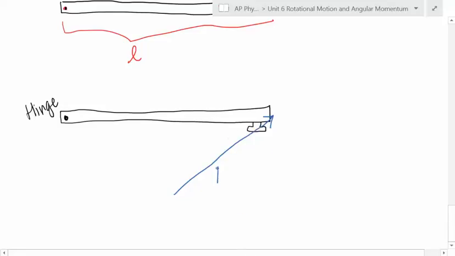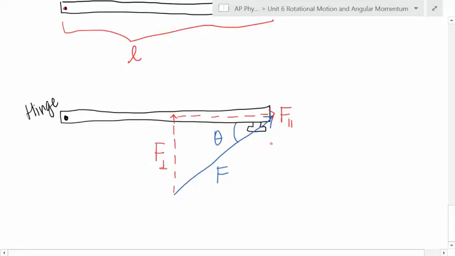So here's my force, but it's at some angle theta. Now, that means that part of this force is pushing straight into the door, perpendicular to the door. And some of this force is parallel to the door. So this is the piece that is perpendicular to the door, and this is the piece that is parallel to the door.